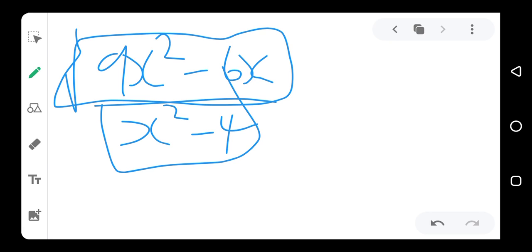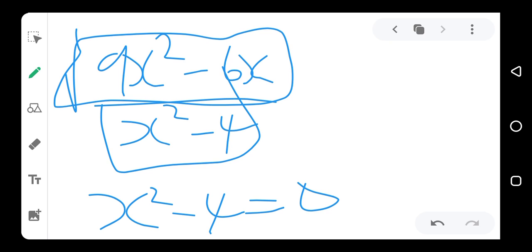So we have x squared minus 4 is equal to 0.